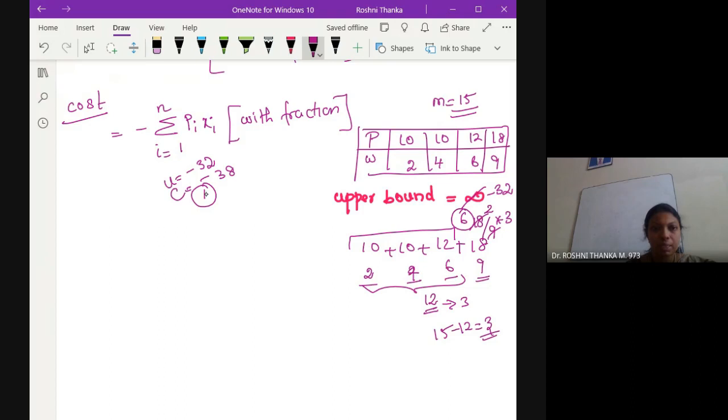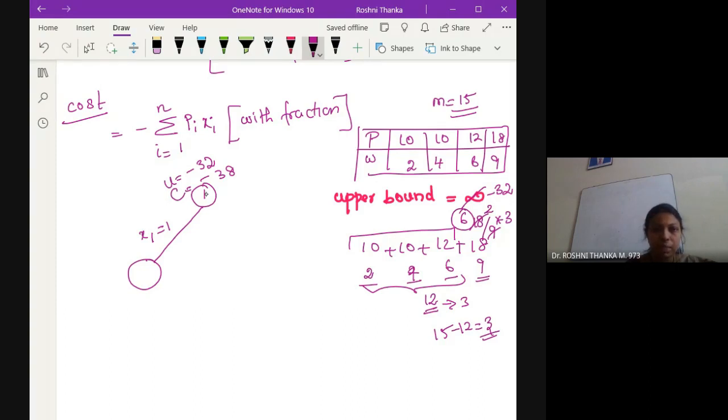Next, we proceed with this. Every time we are going to take one item and check whether I can add this item or not. When I consider the first item, x1 equal to 1, the first item is included in the total.